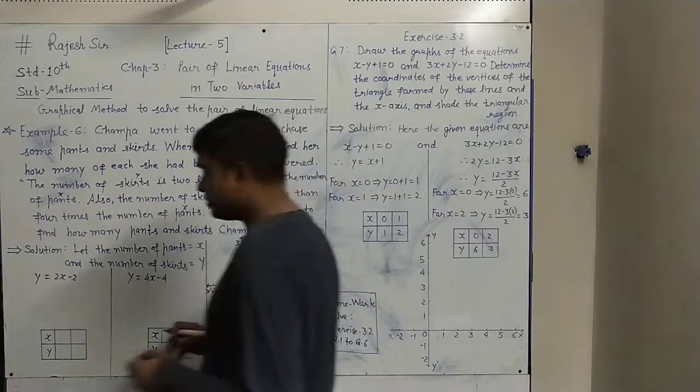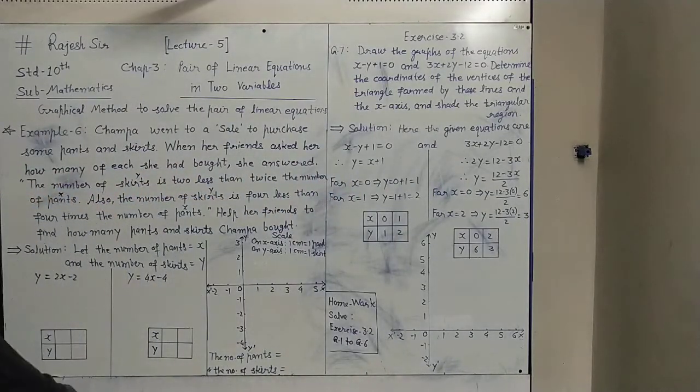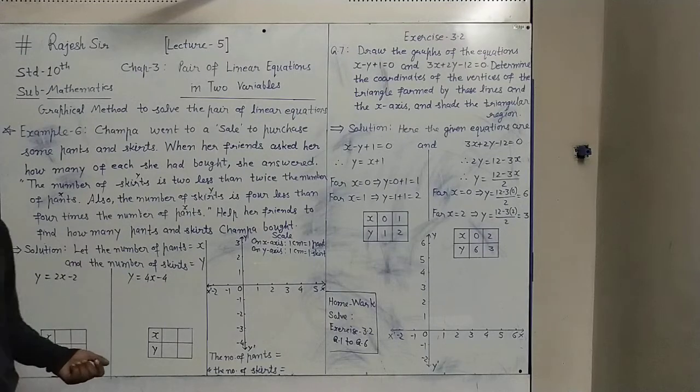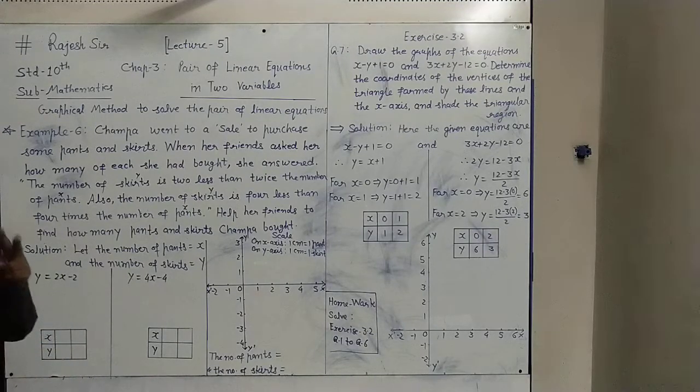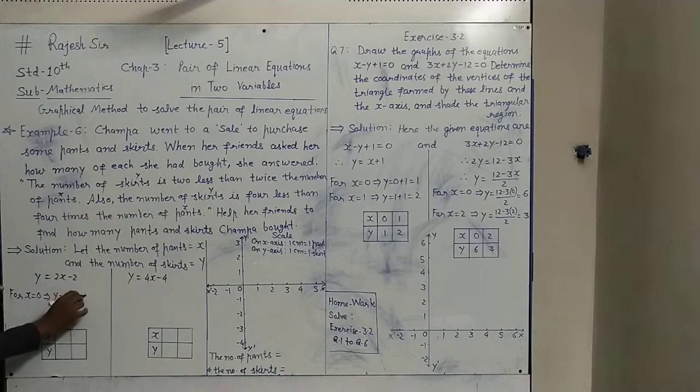Now we draw the graph. To get the number of pants and skirts by the graphical method, we need two solutions of each of the equations. You can take any value of x. For x = 0, y = 2 into 0 minus 2, which is minus 2.